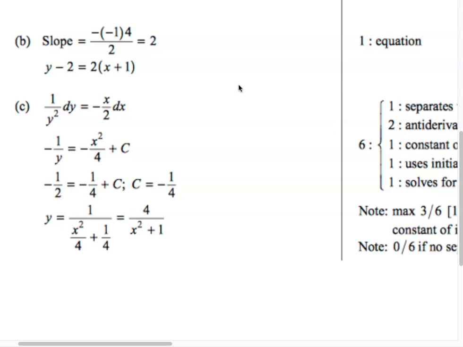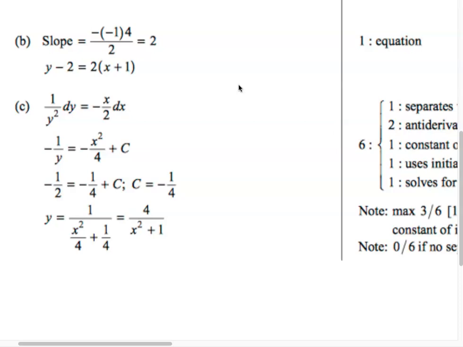You got a point if you separated the variables, a point for each antiderivative, and a point for writing plus C. So these first 2 lines, 4 out of the 6 points. All right. Are there any questions on either of the antiderivatives?